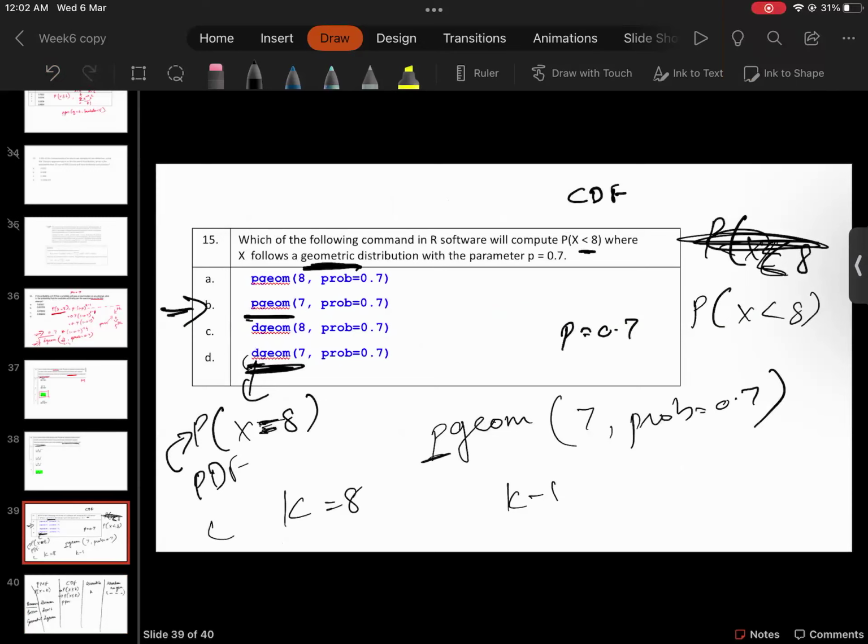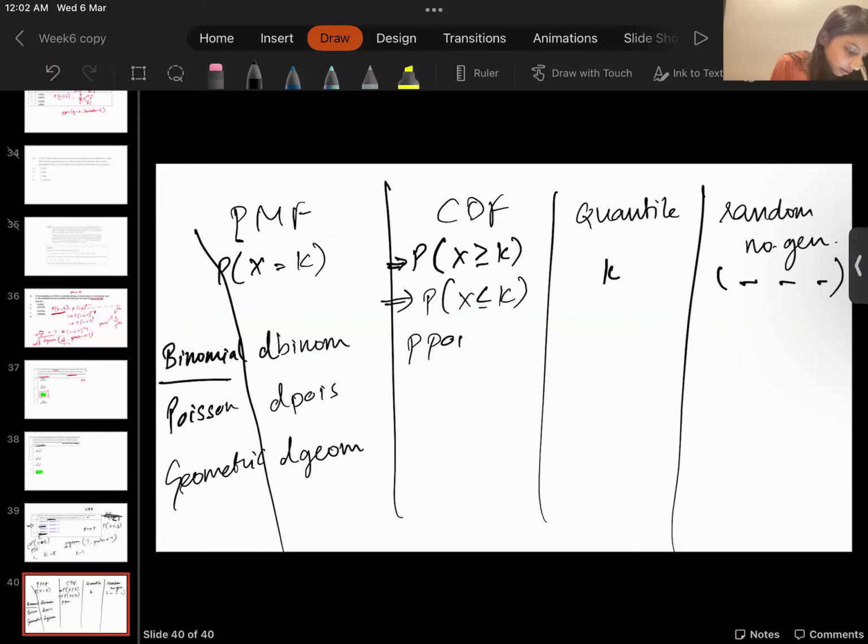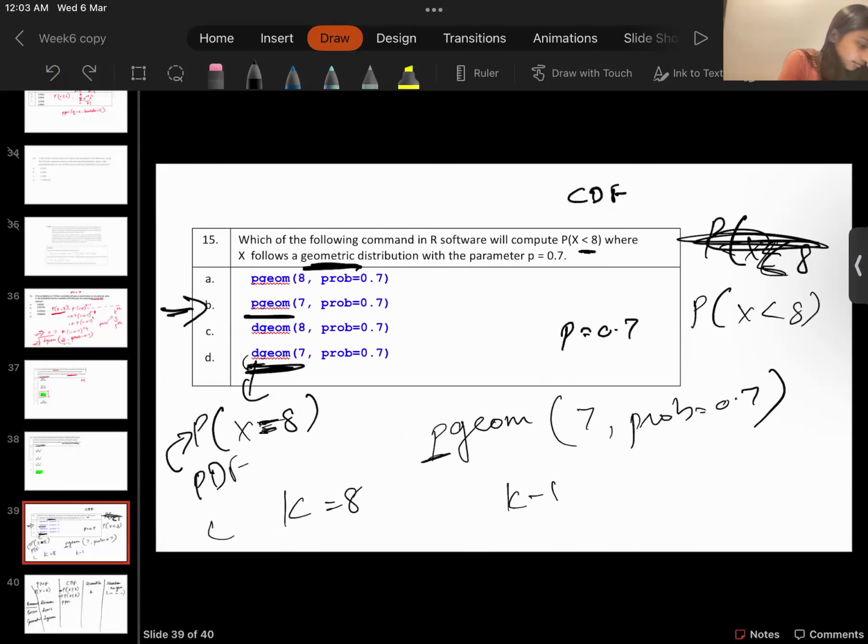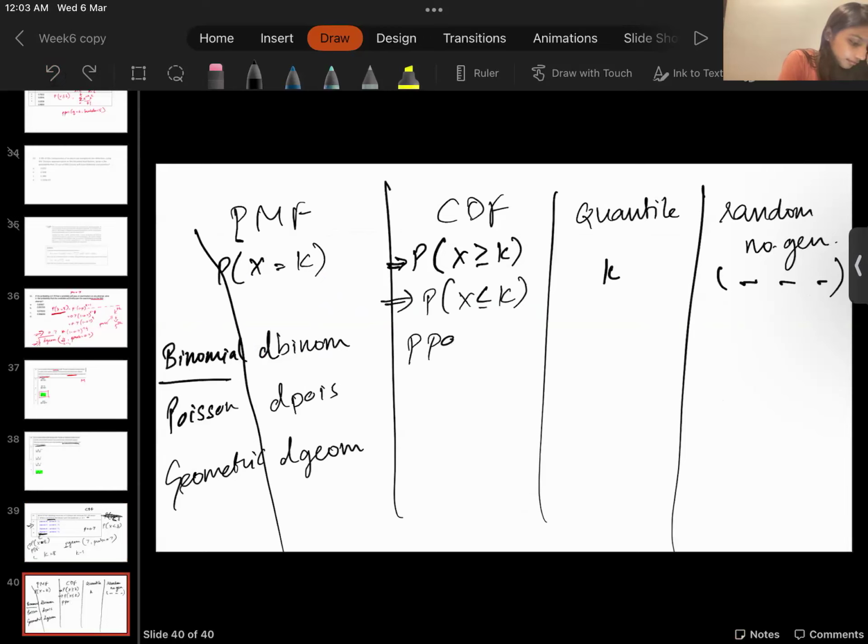Okay, so if you want to calculate the CDF, it's pbinom for a binomial distribution, ppois for Poisson, and pgeom for geometric distribution.